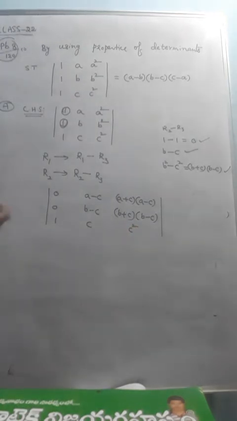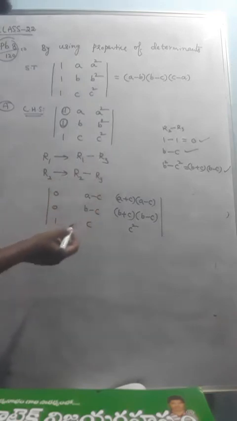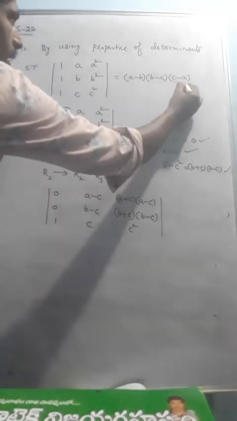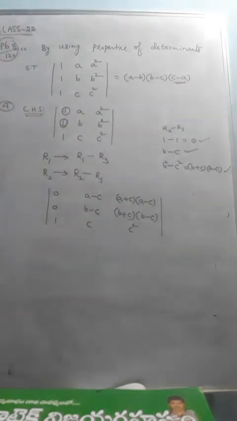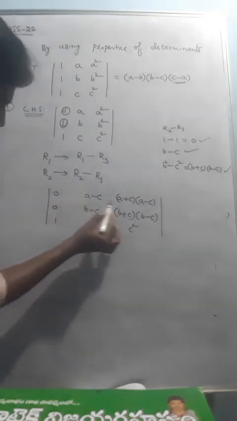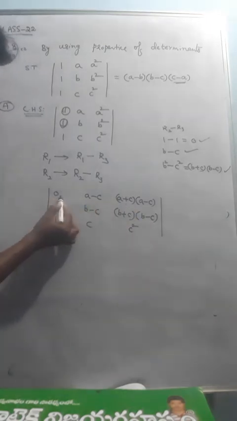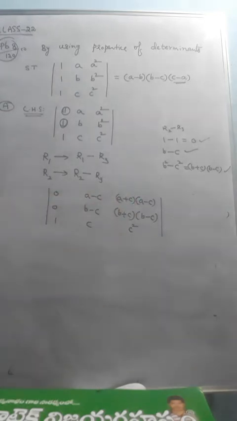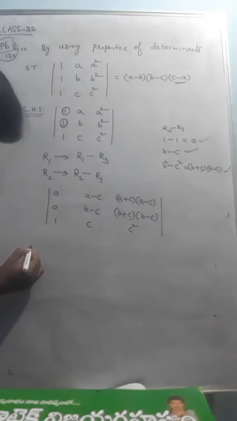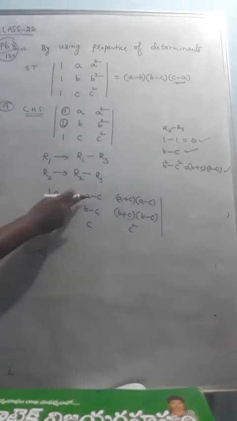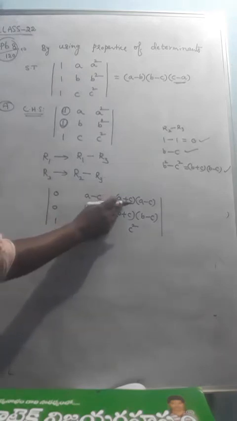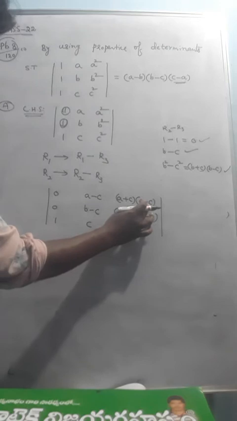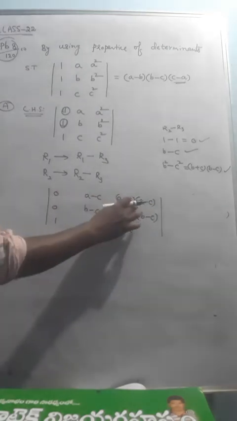Next, if you observe here, C minus A is there on the right hand side. But here what is it? A minus C. Here also A minus C. Here 0 into A minus C, you should write like this. That means from the first row you can take common C minus A. If you take common C minus A from the first row, here 0 will come, here minus 1 will come, here minus of A plus C. Why? Because this is A minus C, but I want C minus A, so you should take common minus.